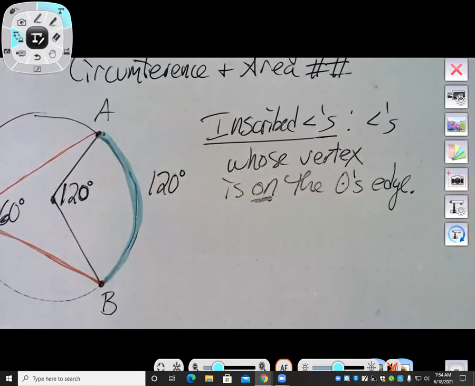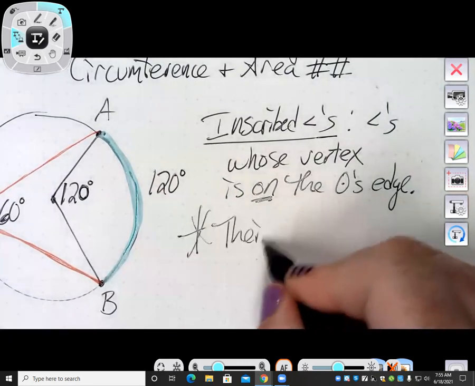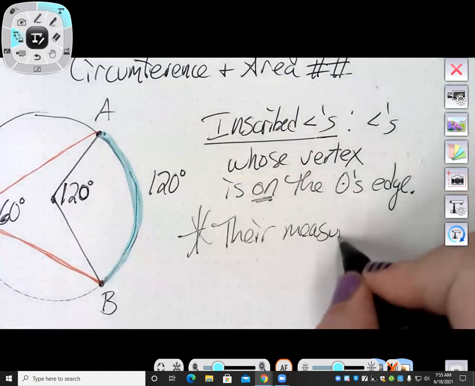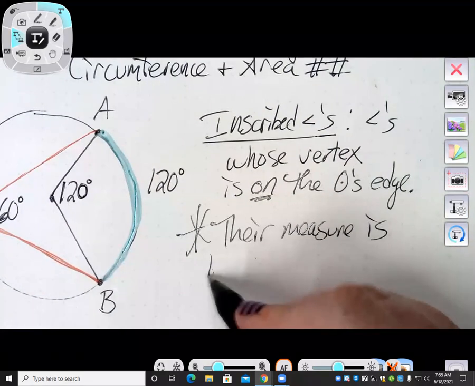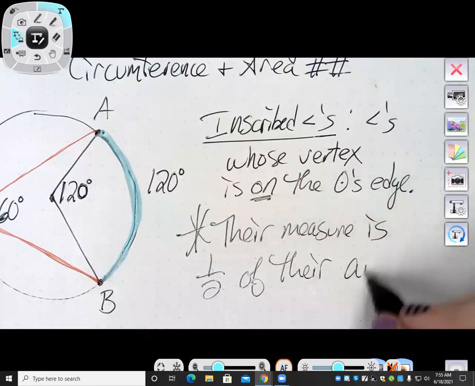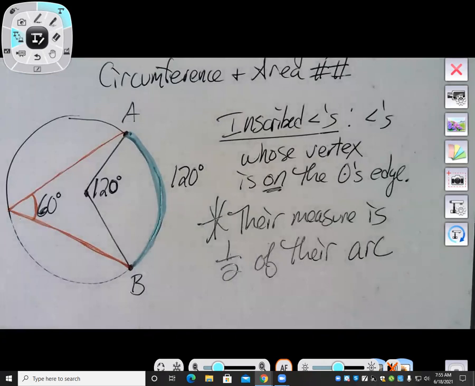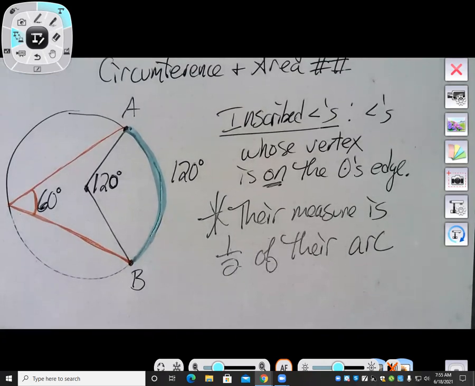I'm recording this, right? I think so. Yeah, I am. Okay, good. And as we just learned, their measure is always going to be half of their arc. So it's always going to be half of the external arc. Got it. Always. So let's try some.